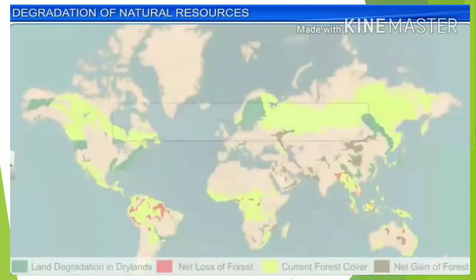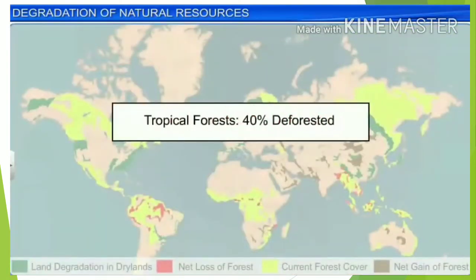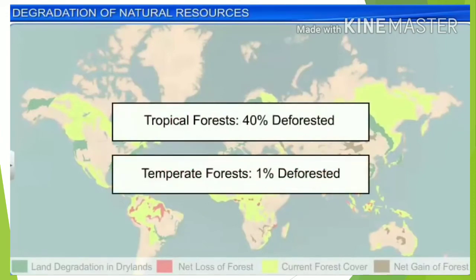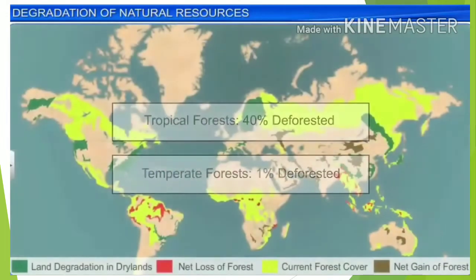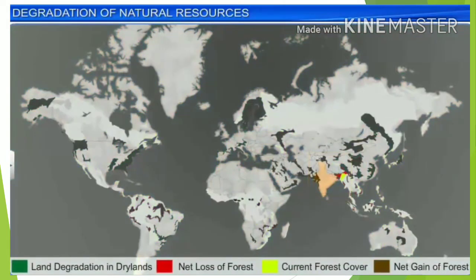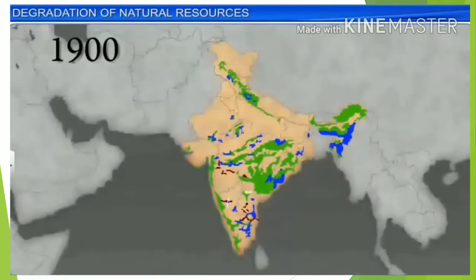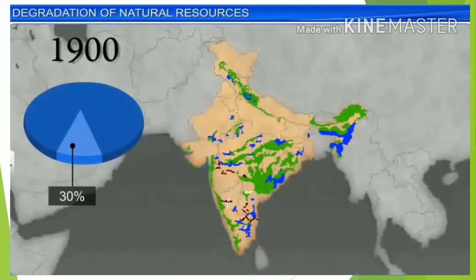Almost 40% of tropical forests have been deforested, compared to only 1% of temperate forests. The situation of deforestation in India is heartbreaking. In the early 20th century, forest cover was about 30%, which decreased to 19.4% by the end of the century.